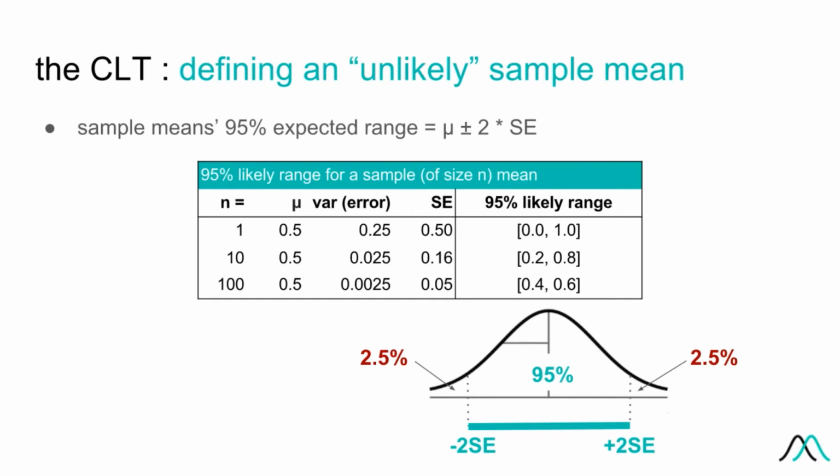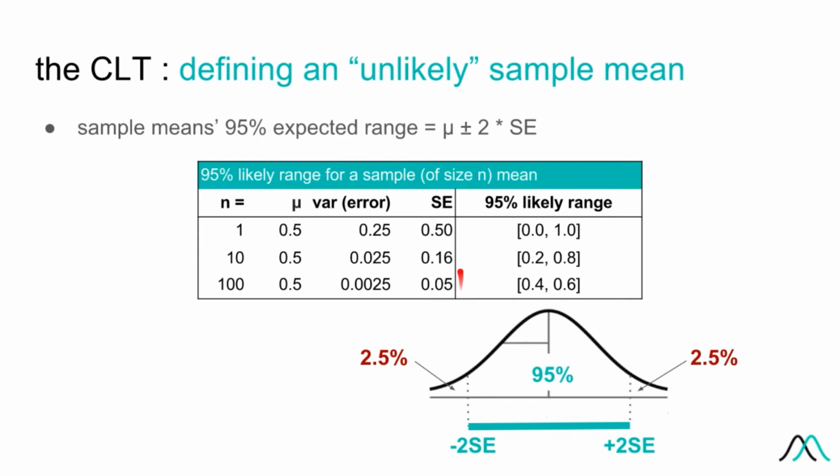What's the 95% likely range of the sample mean for samples of 1,000 flips? Pause the video quick and try it. So to solve that, you take mu again, the expected center, plus and minus 2 times a standard error.